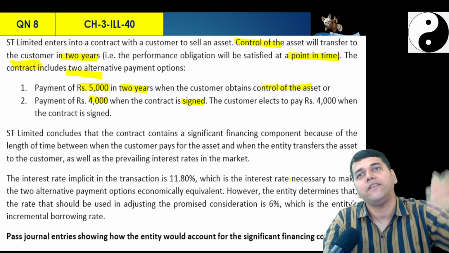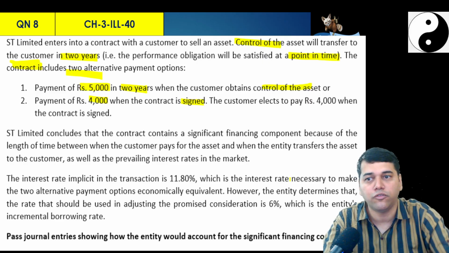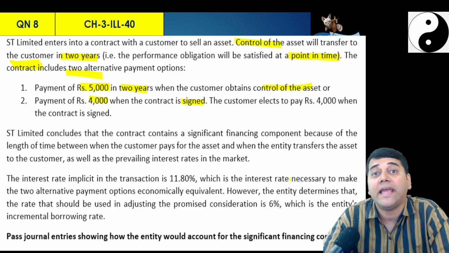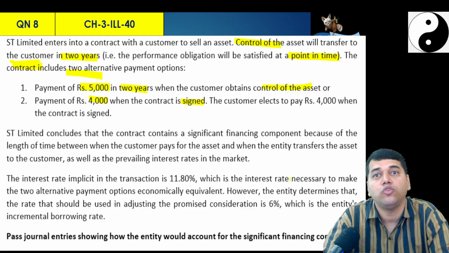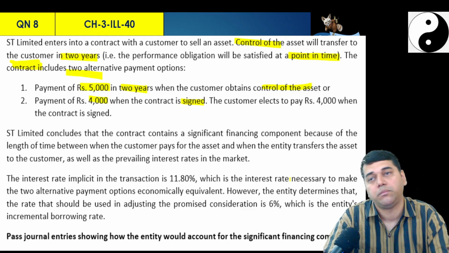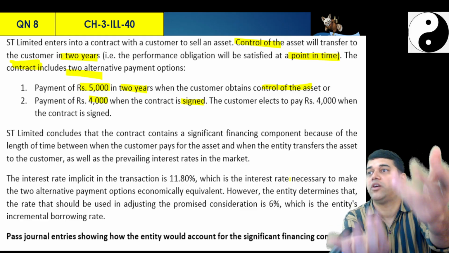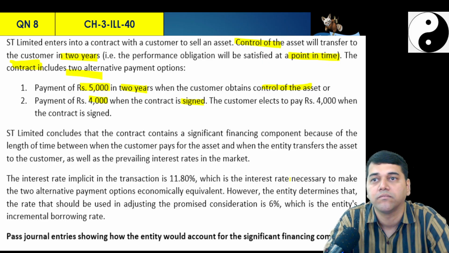Till then, for the next 2 years, it is called an executory contract. Executory contract means there is no accounting entry required, because neither party has performed anything.